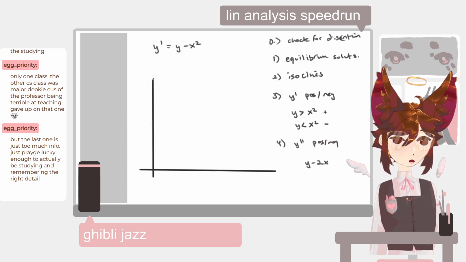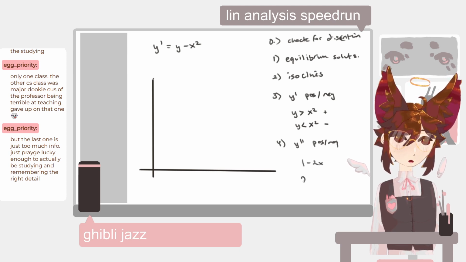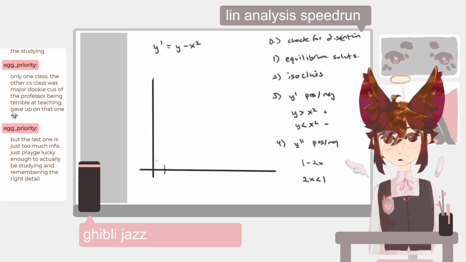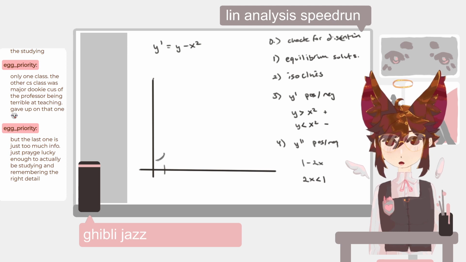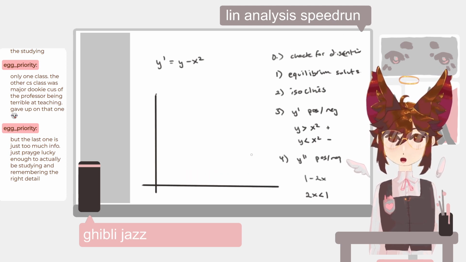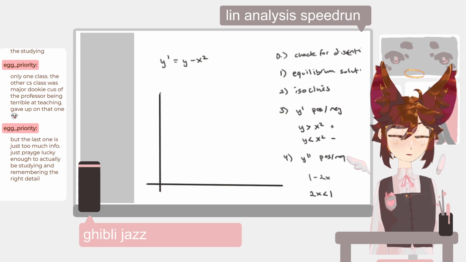When that is positive or negative, I think it's 1 minus 2x. So when 2x is less than 1, the concavity is concave up, so like this, but then outside it's going to be concave down.